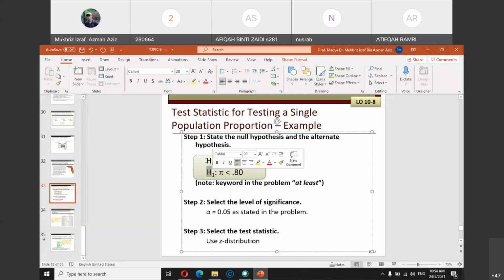So you can just mention that we conclude that the proportion, the population proportion, or you can just say the proportion of votes.